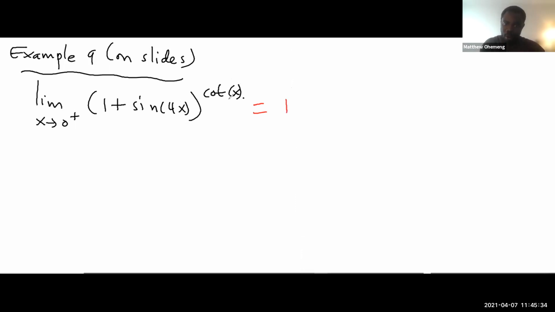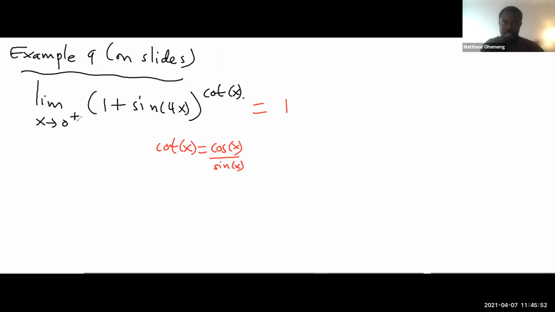Now, what about the power here? For cotangent of x, we know that cotangent is the same as cosine over sine.